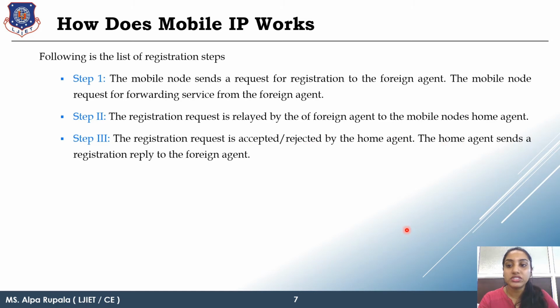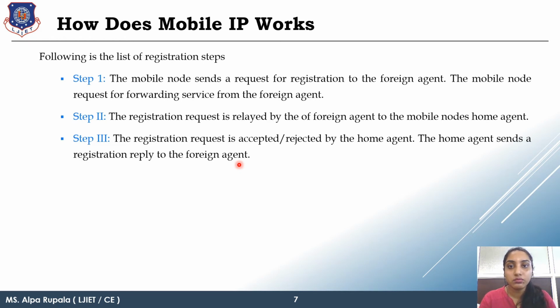Then the home agent sends the registration reply to the foreign agent after updating the routing table. The routing table now will have a column for the care of address for the particular home agent. So now you get an idea of what the routing table is and how your home agent will identify whether a particular node, to which another sender wants to send data, is in a home network or foreign network.